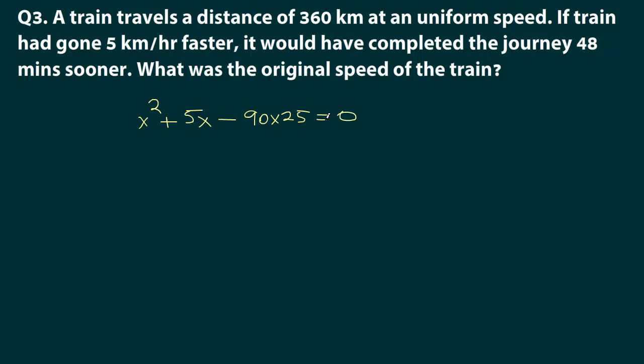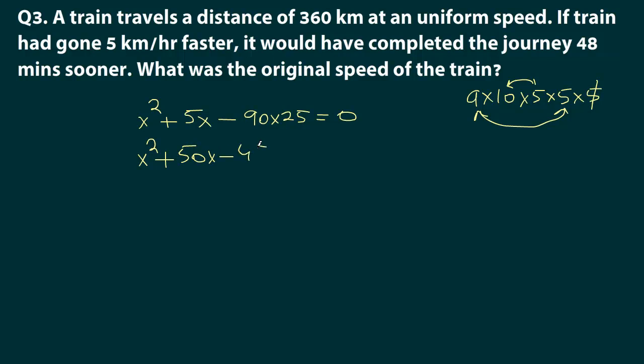Let's see how this will look. 90 can be written as 9 times 10, and 25 is 5 times 5. So this is actually quite straightforward. We can take these two terms together, so this will be 50 and this will be 45. We can split this as plus 50x minus 45x. That wasn't too bad. Minus 90 times 25 equals 0.